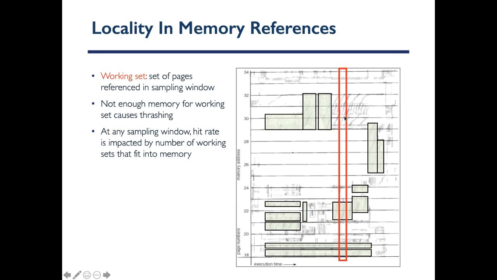There are more here also; I didn't mark all of them, I just marked some obvious ones. And then I can easily detect the size of my working set. It's basically the area, the number of pages I have in this window that I'm accessing. That would be my working set in this window.